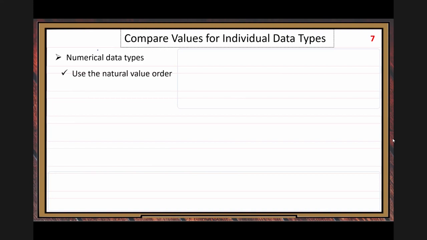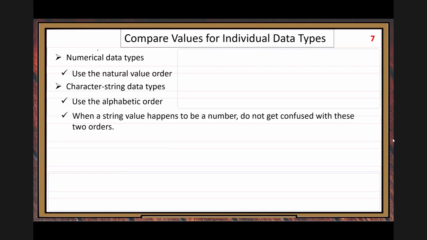But for string character data types, you need to use the alphabetic order. People also call it the dictionary order. Alphabetic order and dictionary order.